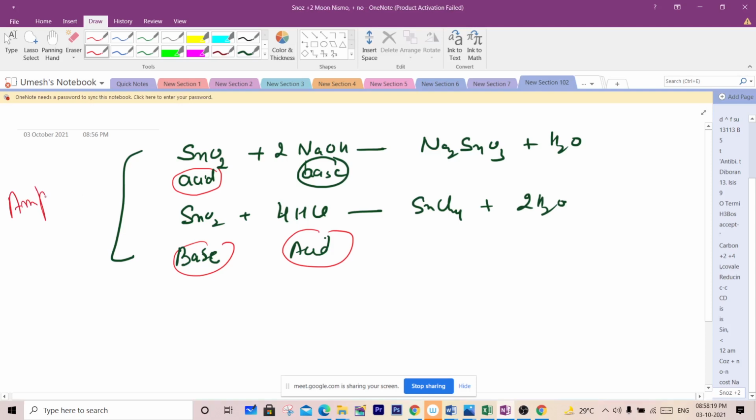Yes, amphoteric means it is acidic as well as basic. It can adapt to its surroundings basically. Yeah, got it.